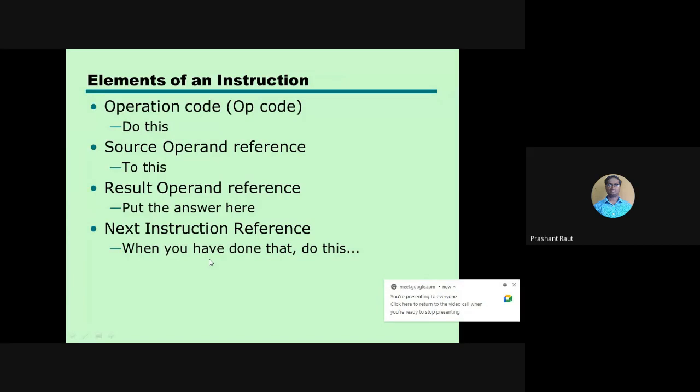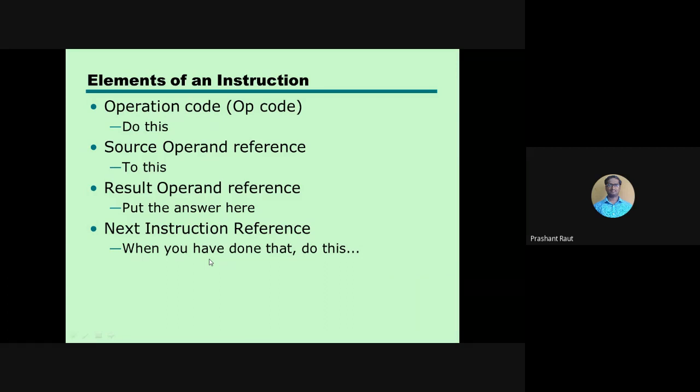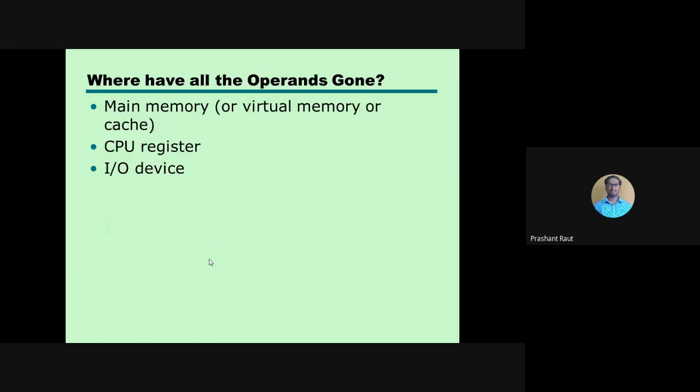So which register holds the address of the next instruction? Okay, it is the program counter, the instruction pointer. You can say program counter or instruction pointer. This holds the next instruction reference.